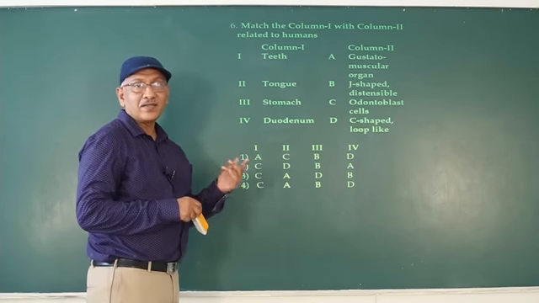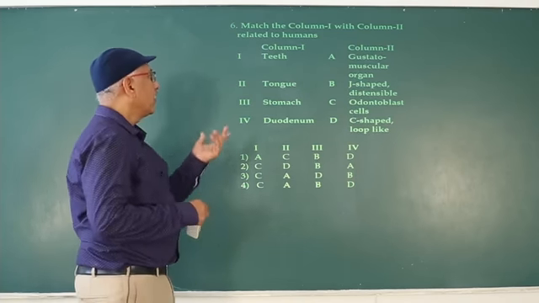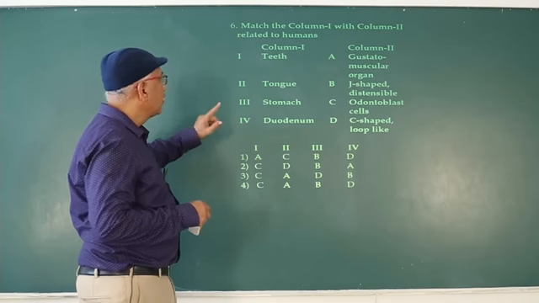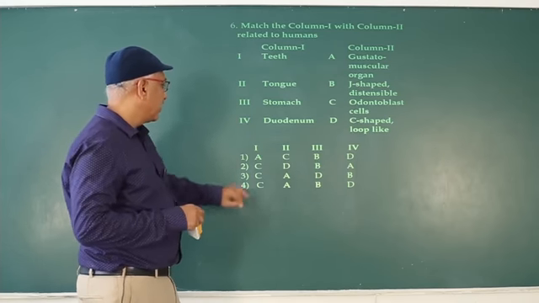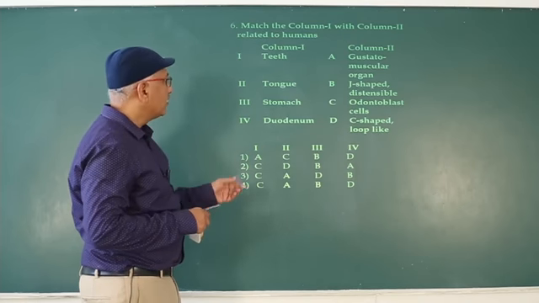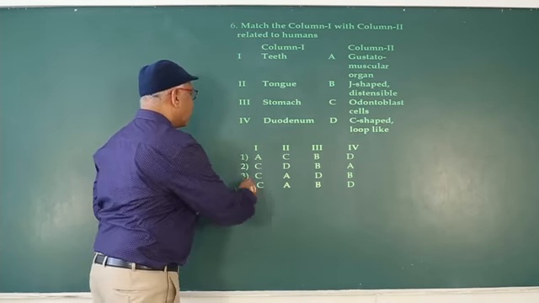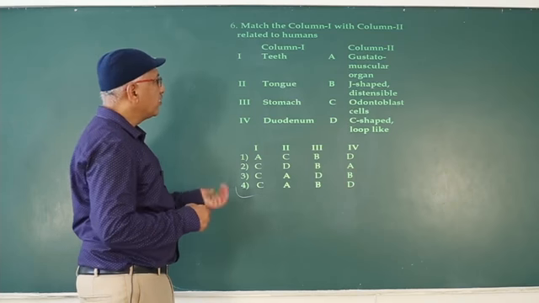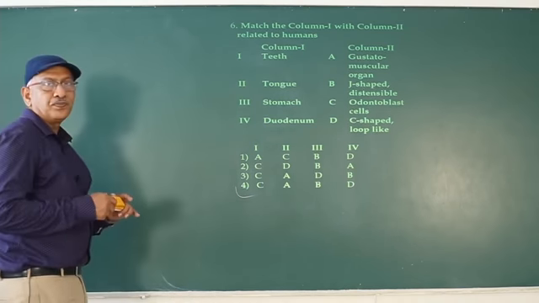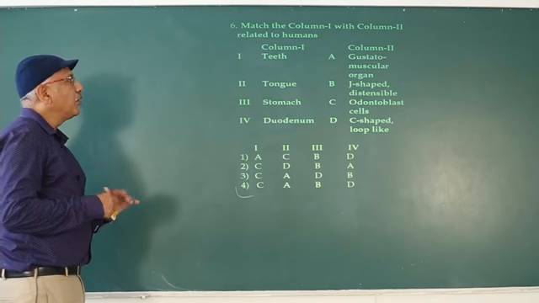It detects taste and at the same time is muscular. So 2 is A. Next one is stomach. Stomach is J shaped. So answer is 4. Next one is duodenum. Duodenum is C shaped loop like.